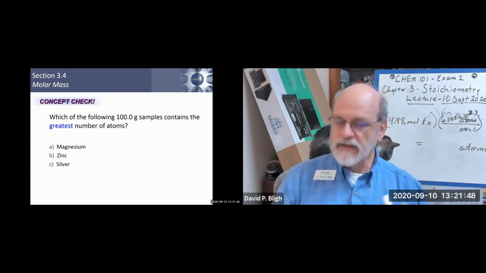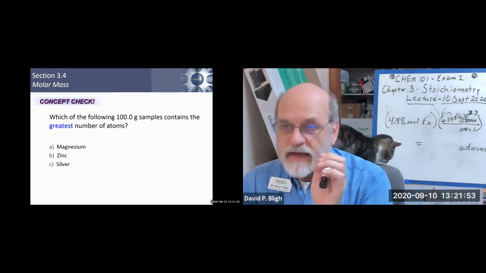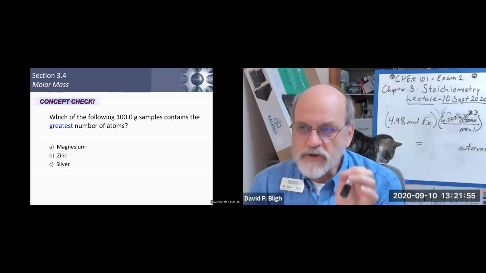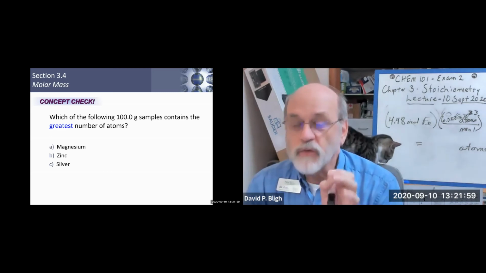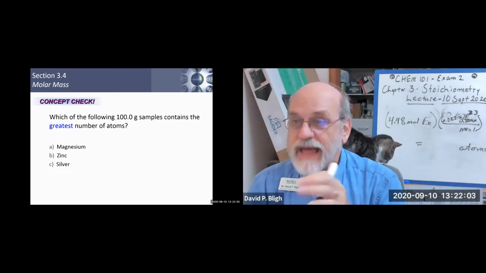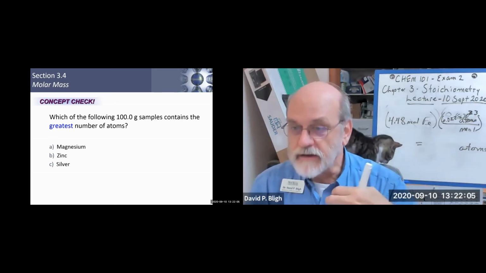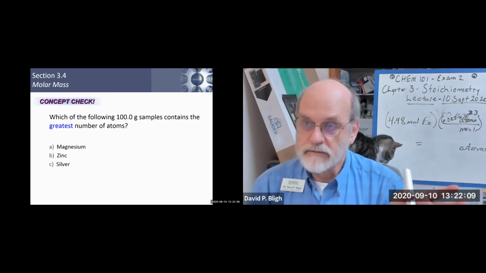All right, if you got the same mass, then ask yourself, which one has the heaviest atom? The one with the heaviest atom will be able to accumulate 100 grams of sample with fewer atoms, right?